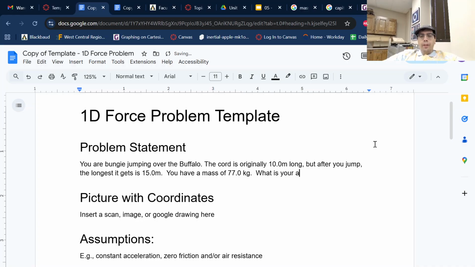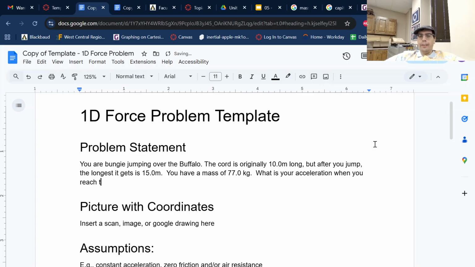What is your acceleration when you reach the bottom of the path of the bungee jumping? Bottom of the, what's a good noun? How about we say the lowest point in your bungee jump?